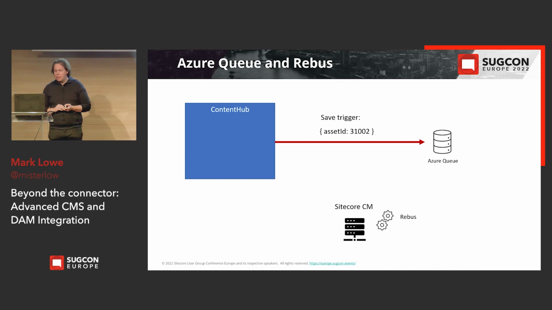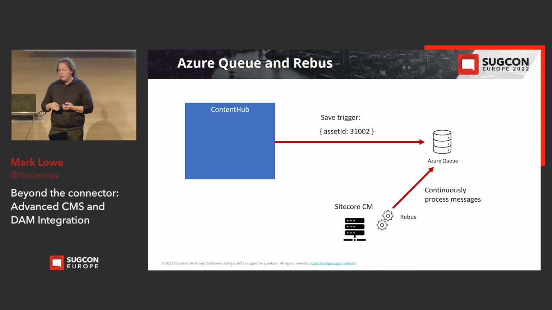In my current project, we've just set up a scheduled job that fetches the most recent queue entries every couple of minutes. What you can also do is set up Rebus, the message bus built into Sitecore XP, and you can continuously poll this queue and execute an event upon any change within the queue.